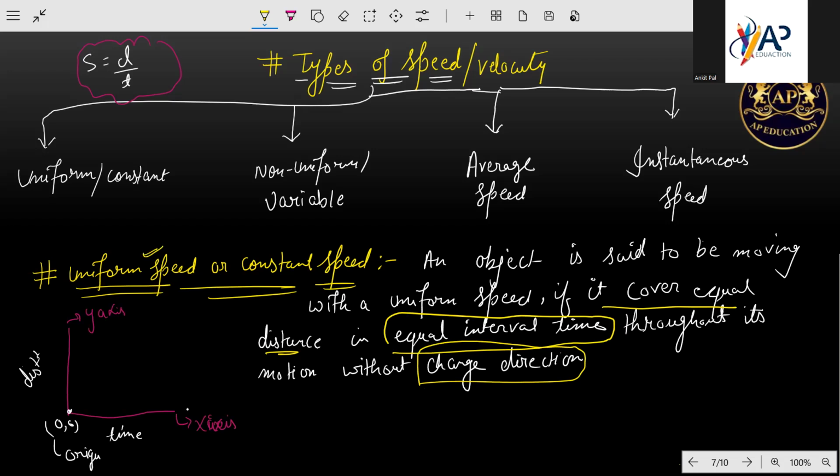Suppose it is 1 second, 2 seconds, 3, 4, and 2 meters, 4 meters, 6 meters, 8 meters.